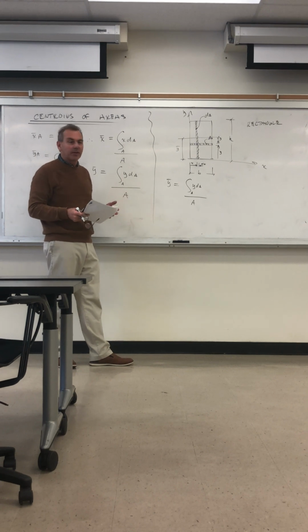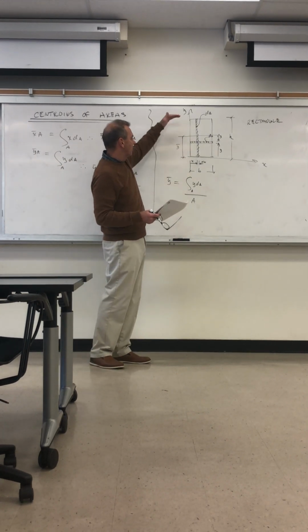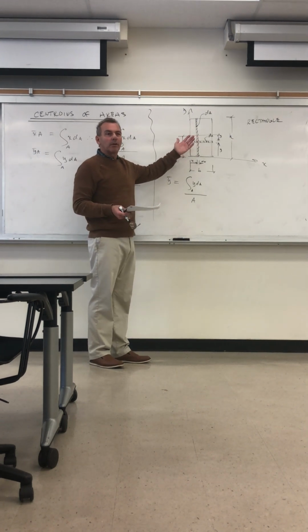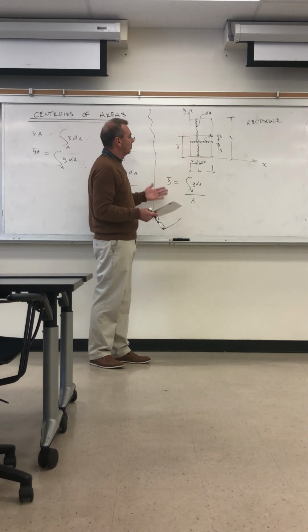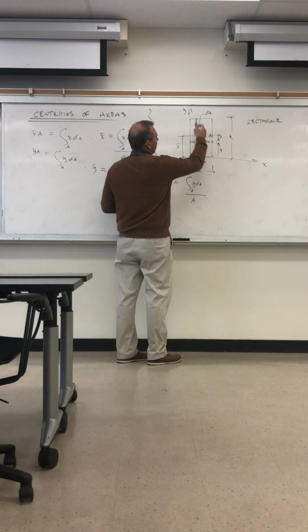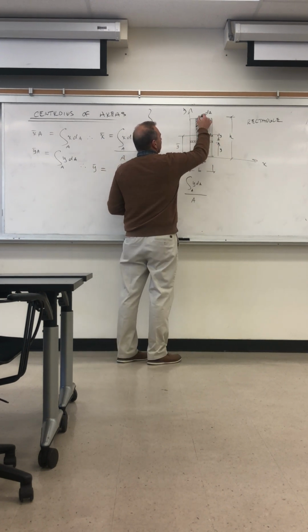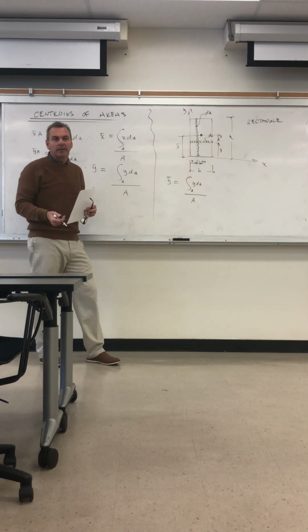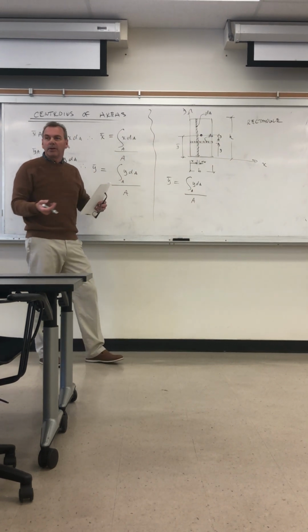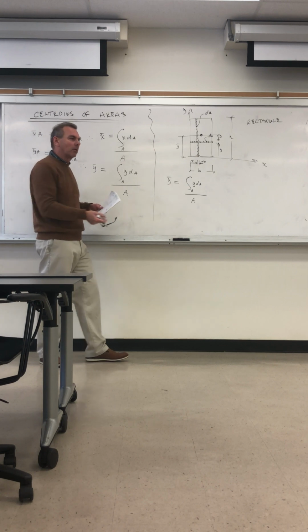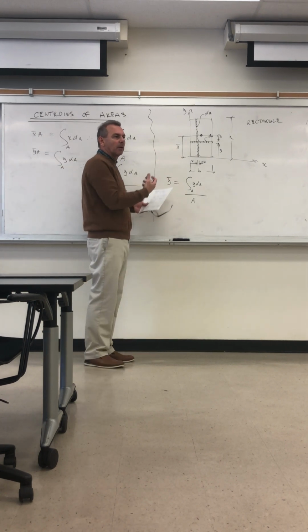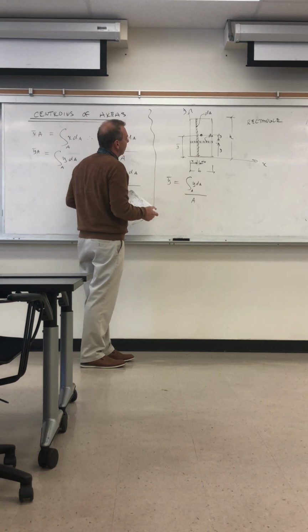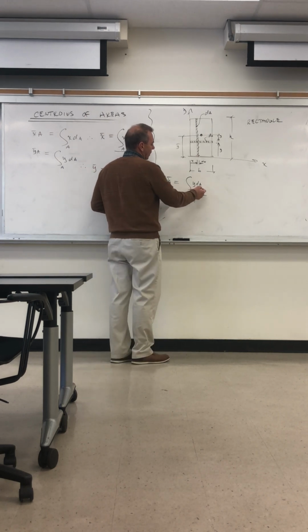Then look at other shapes as well. So we're going up this way, and for a rectangle, we know the actual centroid is halfway up and halfway across, right in the center of this thing. But for other shapes you don't know ahead of time. So we'll start with this and make sure we get the right results, and then we'll look at other shapes. So we have the integral of y dA over the area.